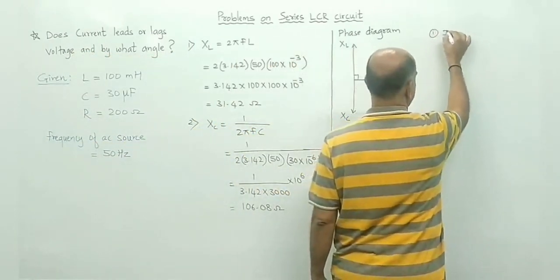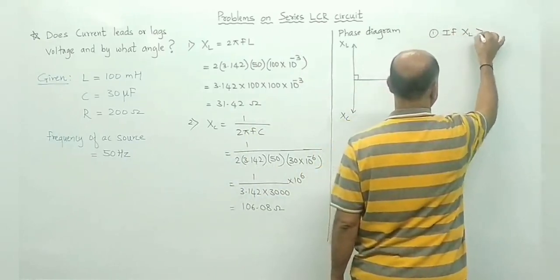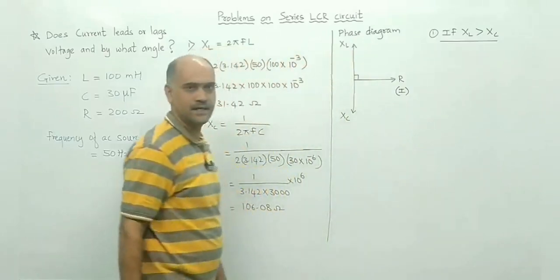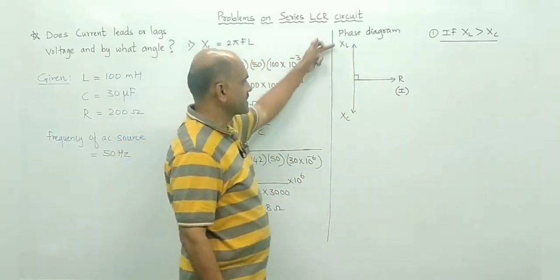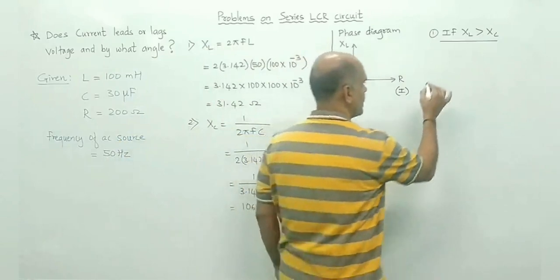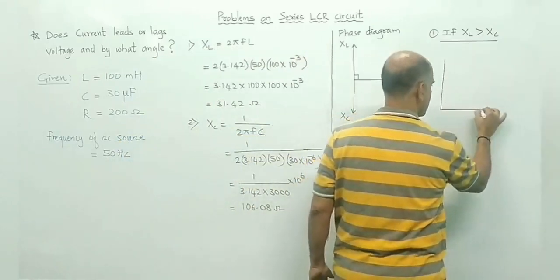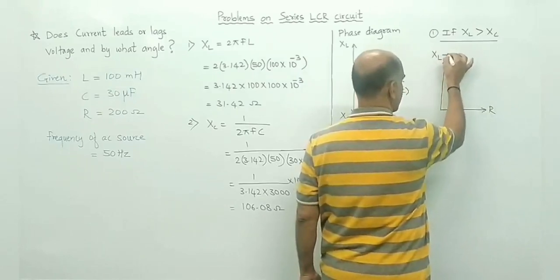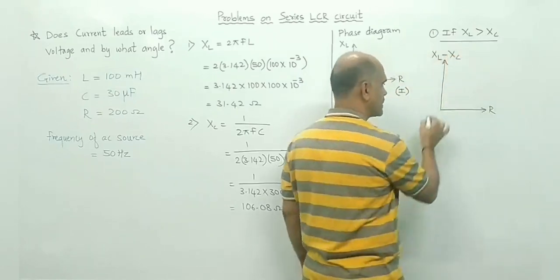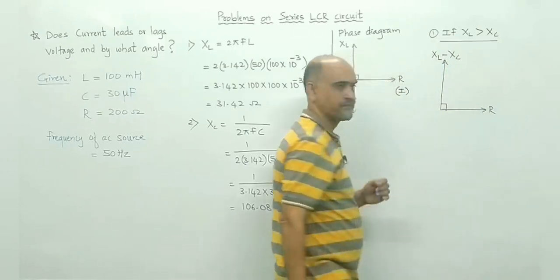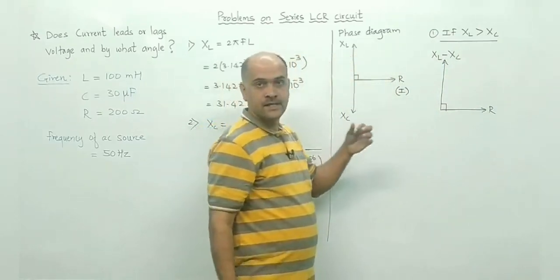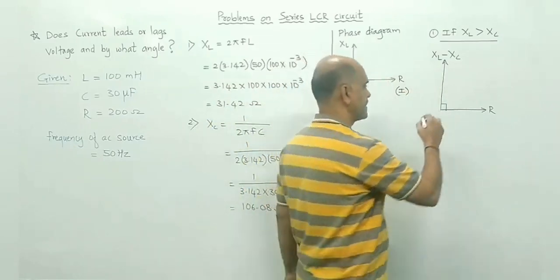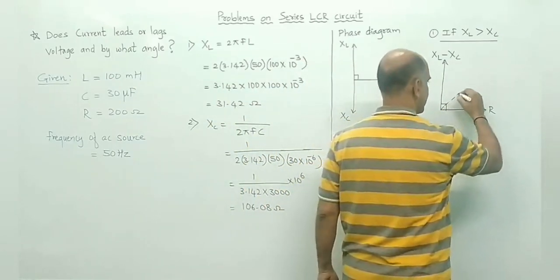First, if XL is greater than XC, you will have this diagram: this is resistance R, here you will have XL minus XC, and this angle is 90. So the resultant of these two, that is Z, you will be having in this direction.